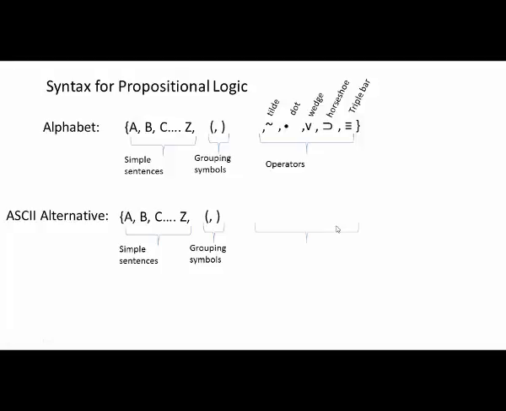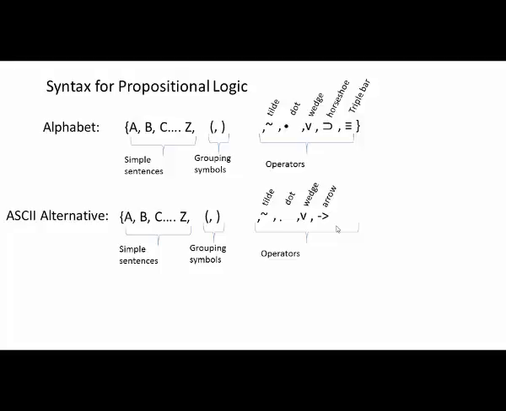The tilde, that's on your keyboard in the upper left-hand corner, so we can keep that as it is. And then for the dot, let's just use a regular period. And for wedge, we can actually just use a lowercase v. It looks exactly the same. Now horseshoe is not easily accessible on your keyboard, so let's use this symbol. It's a dash and then a right corner bracket, and we can call that arrow.